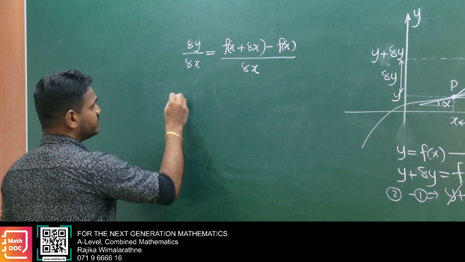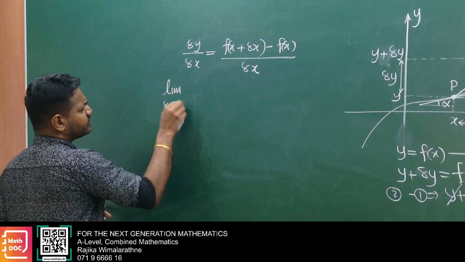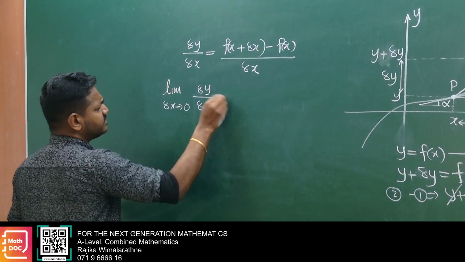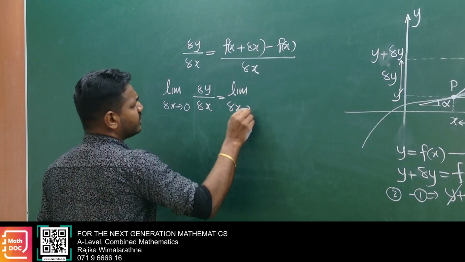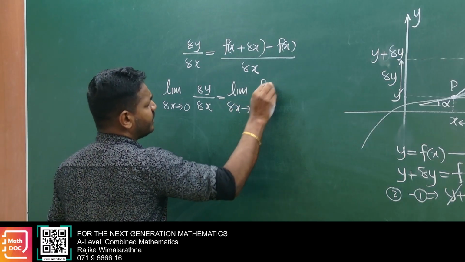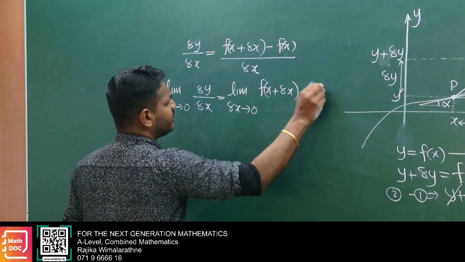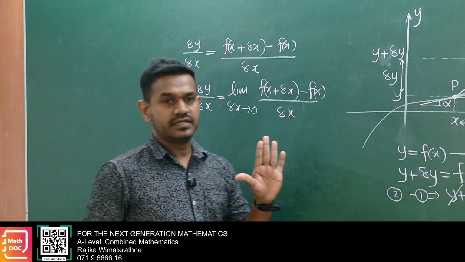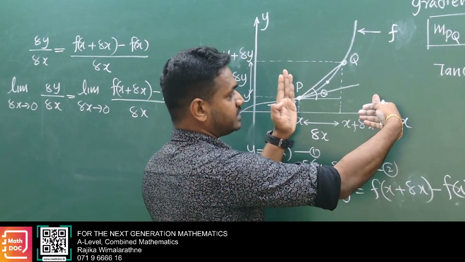Now I'm going to do this one. Limit as delta x goes to 0 of delta y divided by delta x, which is the limit as delta x goes to 0 of f(x plus delta x) minus f(x), divided by delta x. Let's see what will happen as delta x goes to 0.